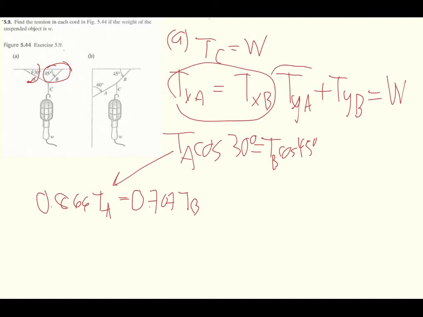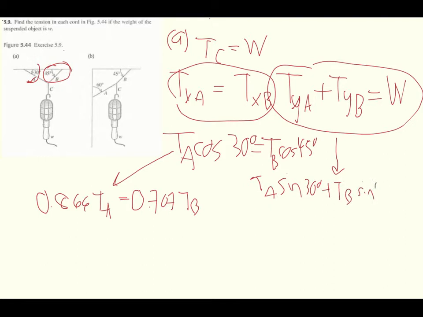Next, the right-hand condition, the vertical condition for equilibrium. And that's going to be T_A sine of 30 degrees plus T_B sine of 45 degrees equals W. Okay.